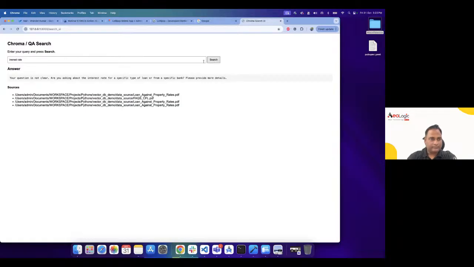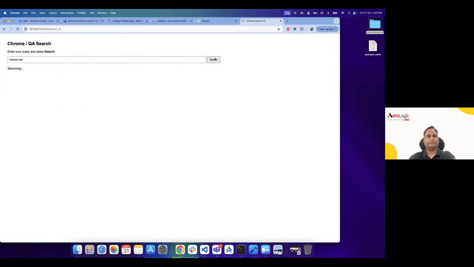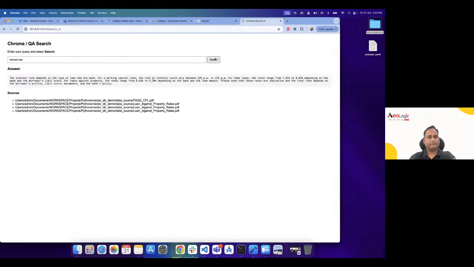Okay, my spelling is incorrect. Now it fetched the interest rate, where you can see it used this PDF and also the second PDF, where we have information about the interest rate for loan against property.